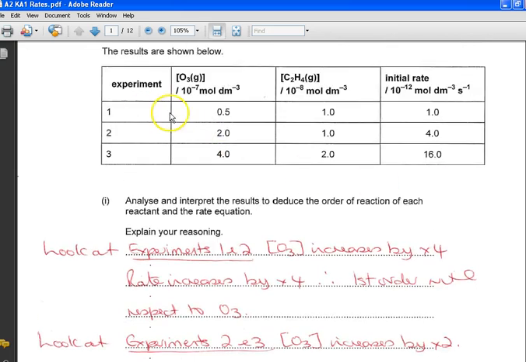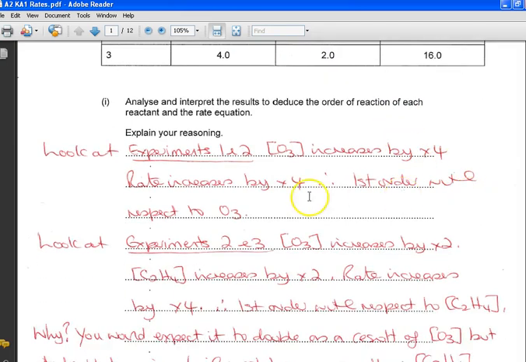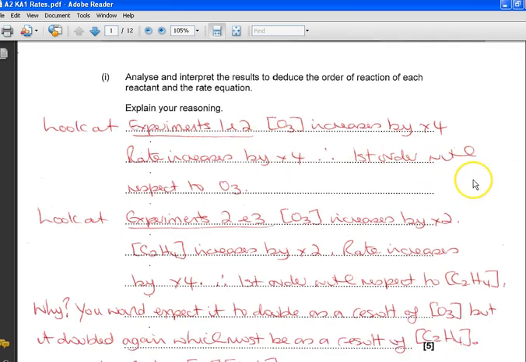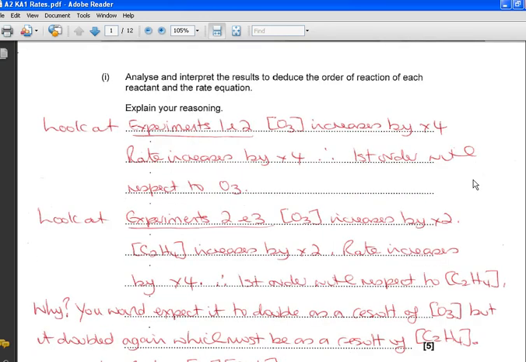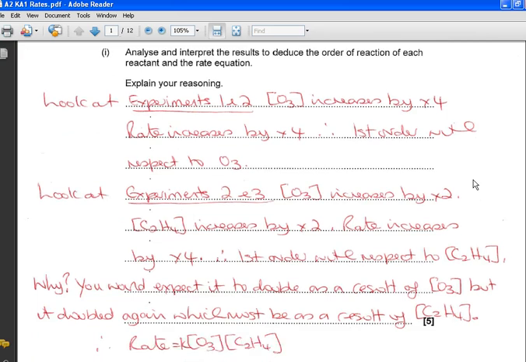You look at it, find something where the concentration is the same and the other concentration is changing. So experiments 1 and 2, you can see that the concentration of O3 is increasing by 4, and so is the rate. So that means that this is first order with respect to O3.